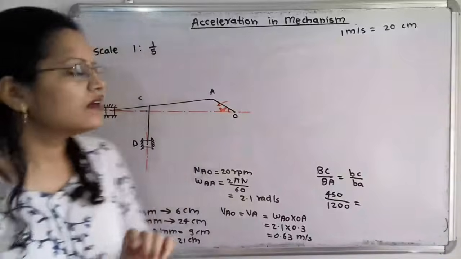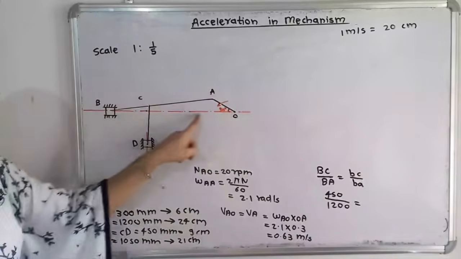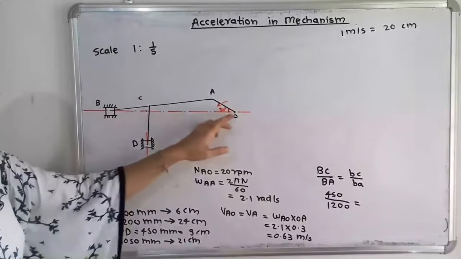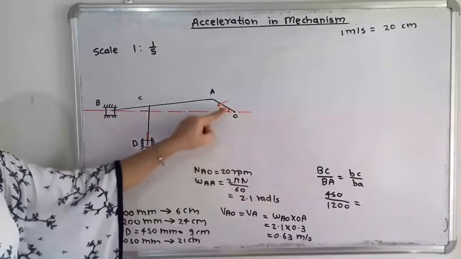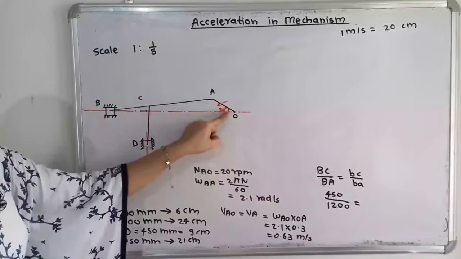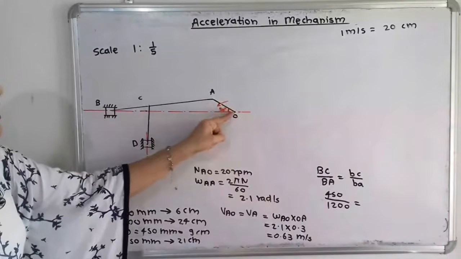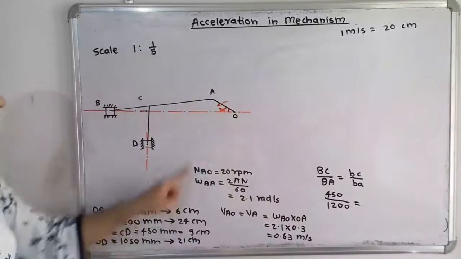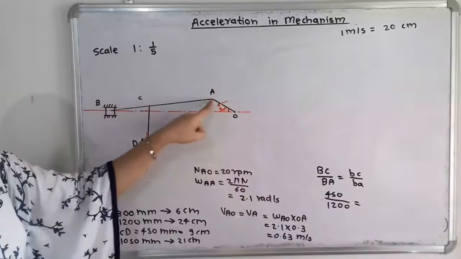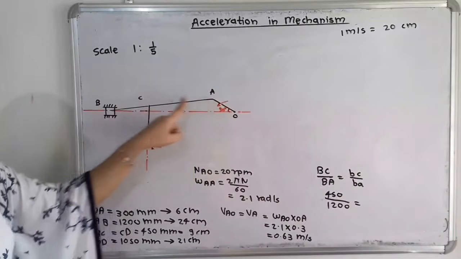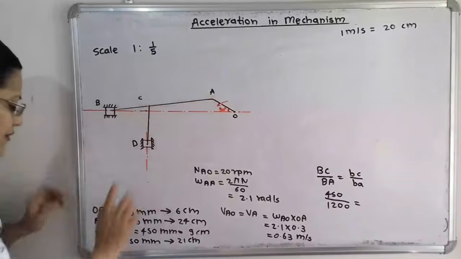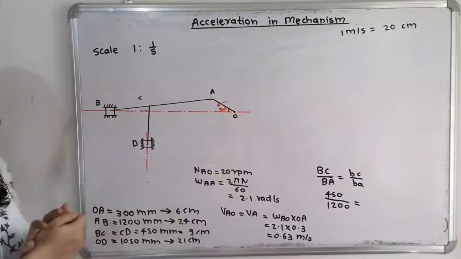Now we will take one horizontal line in the form of dash and dot, and on that line we will consider the center O. This crank OA is inclined at 30° angle. So we take OA equal to 6 cm as per the scale, and from that point A I will draw one line having length 24 cm.